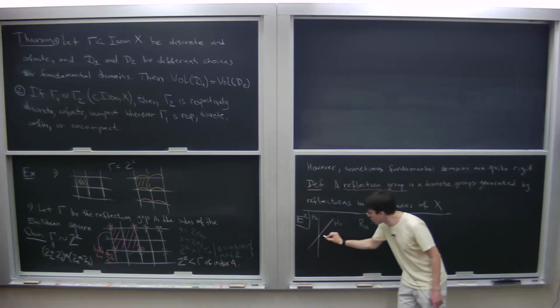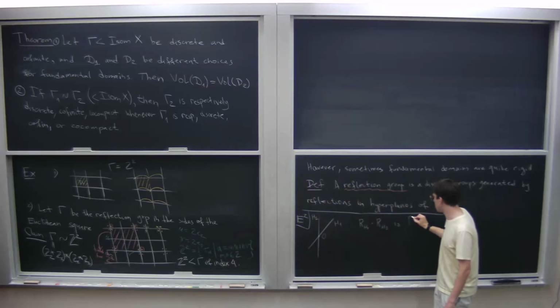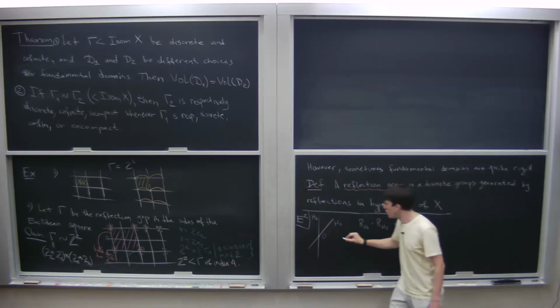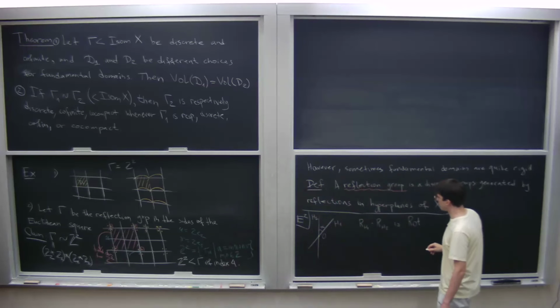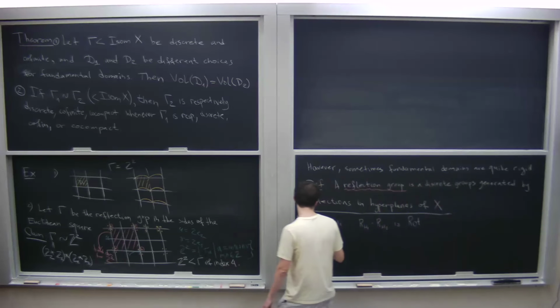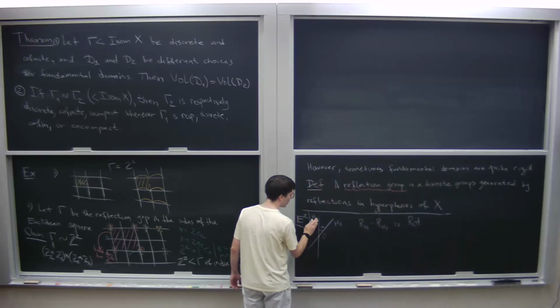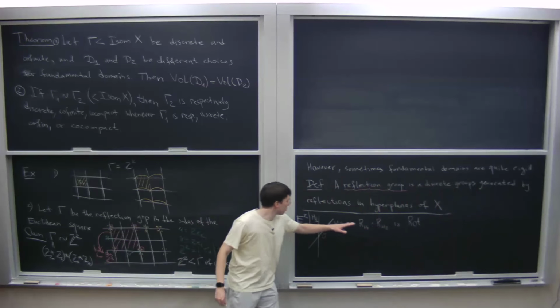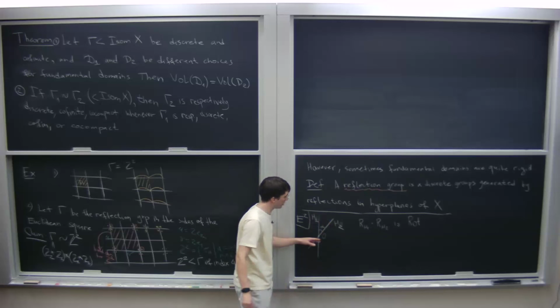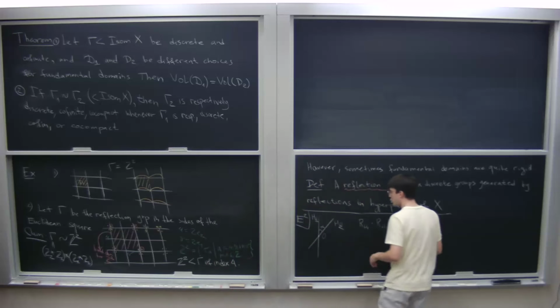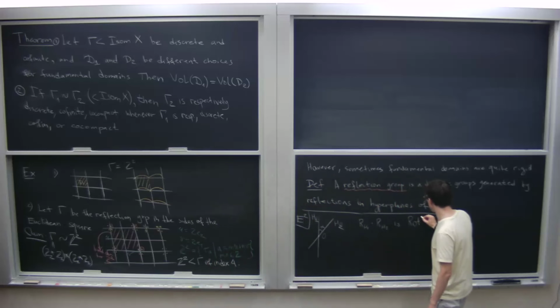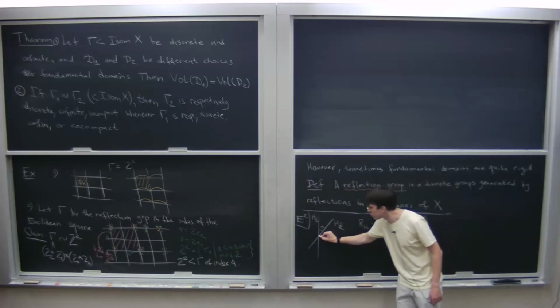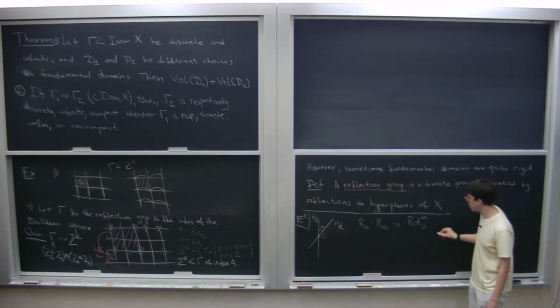If I first apply H2 and then H1, it goes like that, right? So this is the rotation at angle 2 alpha around the point O, which is the intersection of these 2 lines.